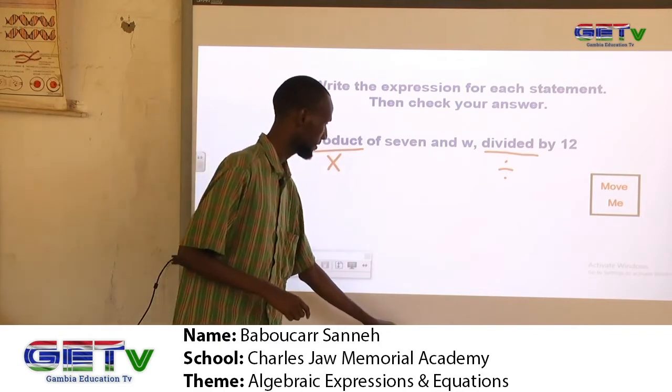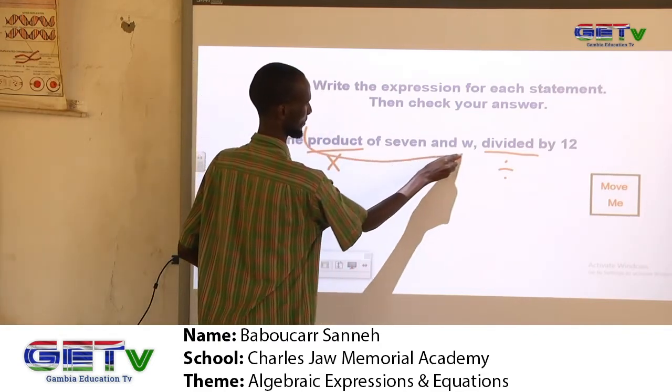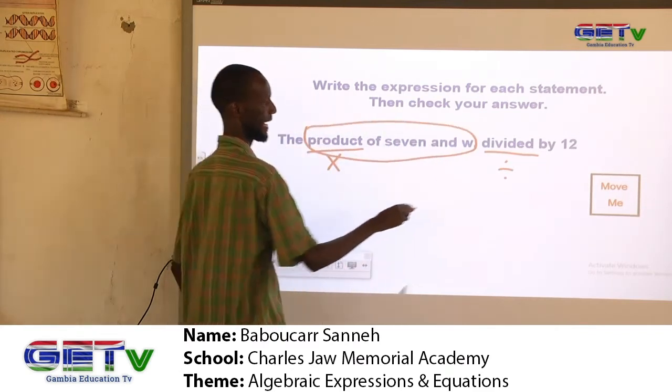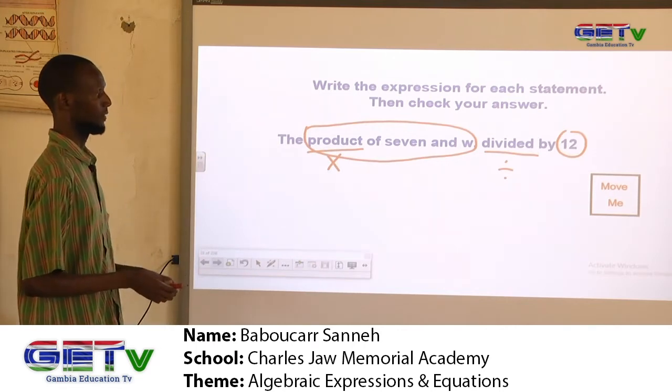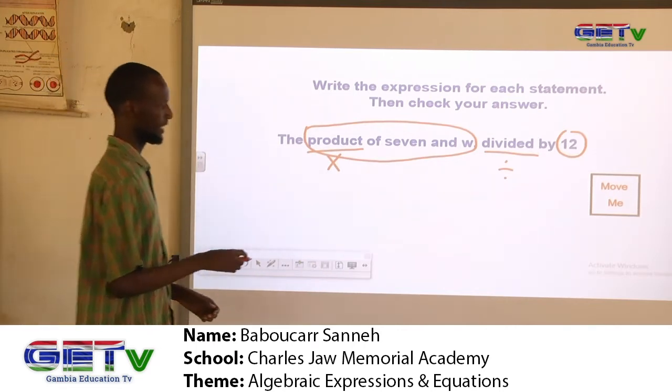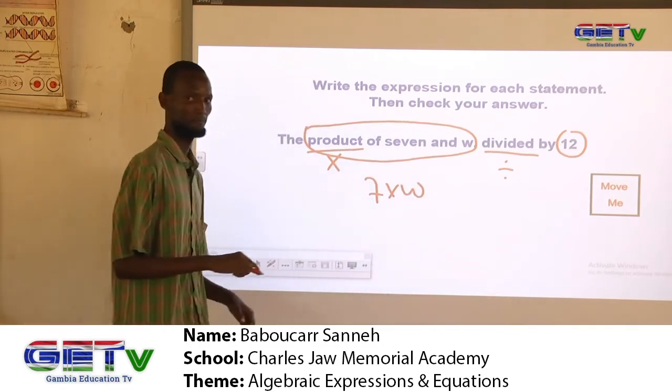So again, you are dividing all of this by 12. Now, the product of 7 and w could be 7 times w.